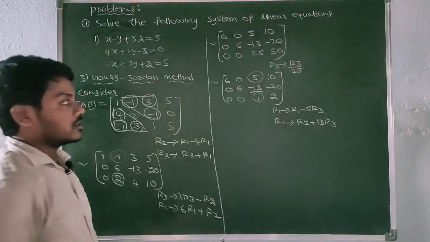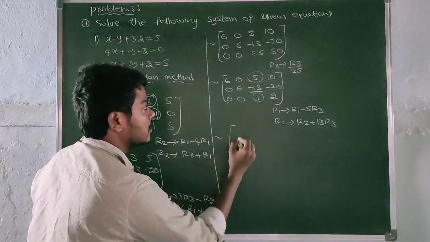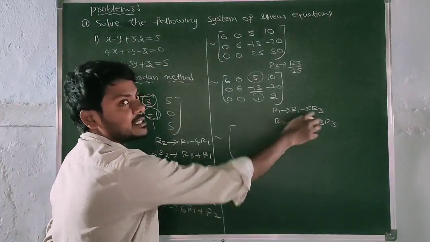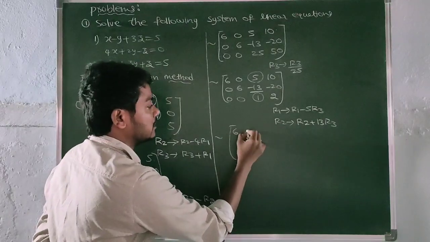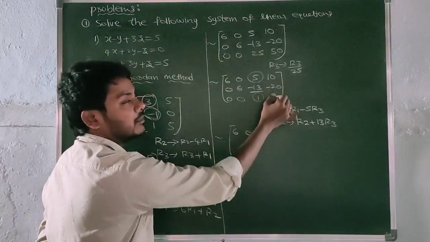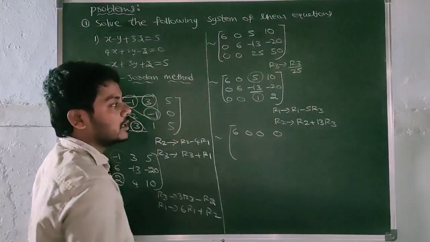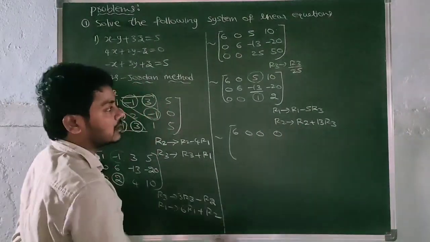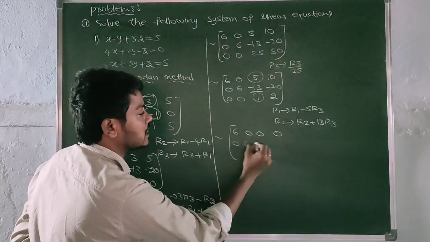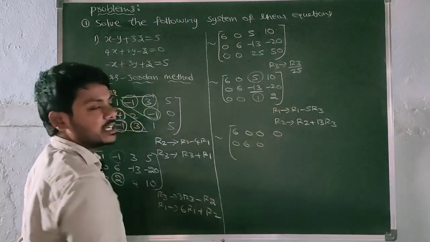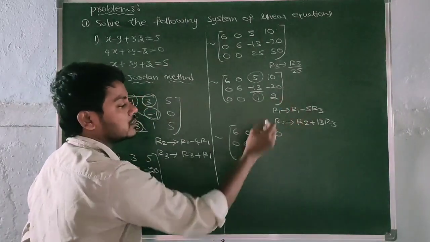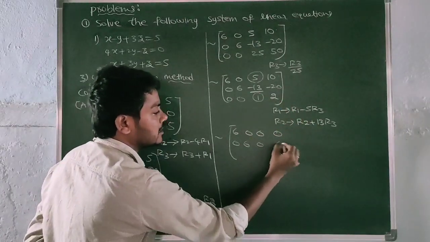Okay. Now see here, R1 minus 5R3, that is 6, 0, 0, 10 minus 10, 0. Next R2 plus 13R3, that is 0, 6, 0, minus 20 plus 13 into 2, 26, that is 6.